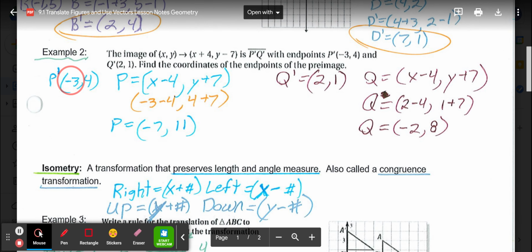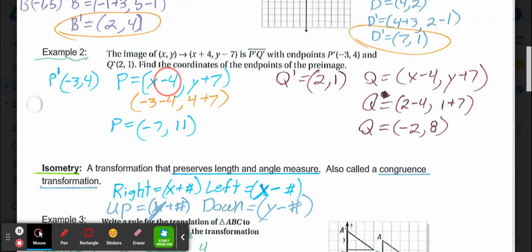If P prime was at (-3, 4), P would be at x minus 4, y plus 7, so -3 minus 4, 4 plus 7, giving us P's original coordinate for the pre-image at (-7, 11).